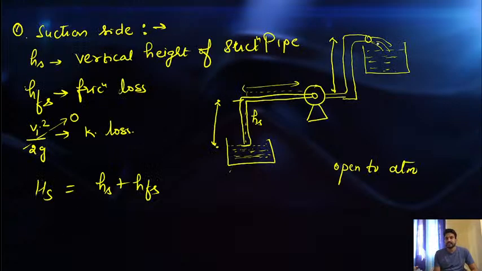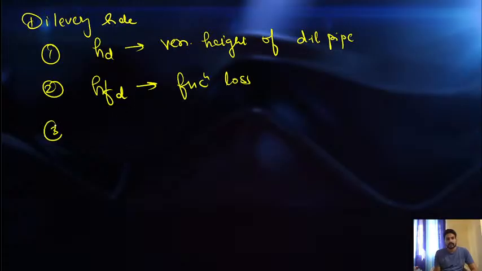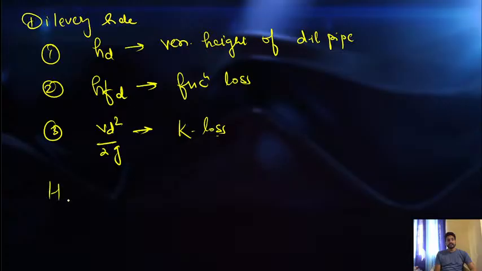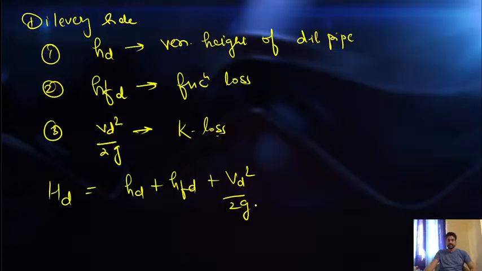And if there is any velocity in it, let's suppose it is Vd, then it is my kinetic loss, that is Vd square over 2g. So guys, it may be possible that we have some Vd value, so in that case we have to include this loss. This is my kinetic loss. So this is my head at the delivery side, which is HD plus HFD plus Vd square over 2g. Is it clear to you?